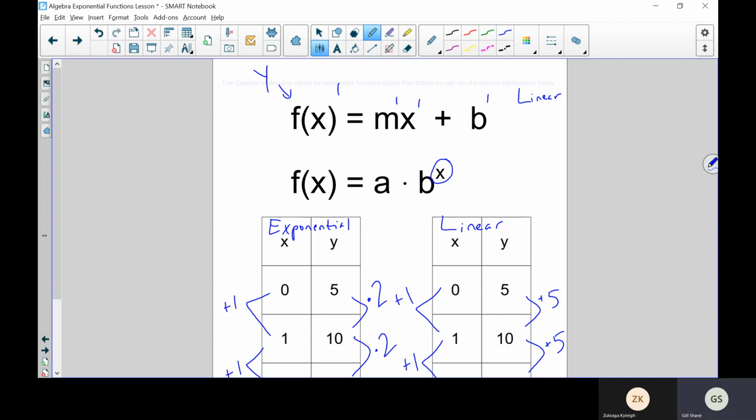You won't really see a decimal as an exponent. They put it in 1/2. It could also be a negative exponent. If you see an exponent, that is now an exponential equation, or function, I should say. I keep saying equation, but equation and function are really the same thing for this lesson, because we talked about how to determine if it was a function. In this lesson, everything we're saying is a function.